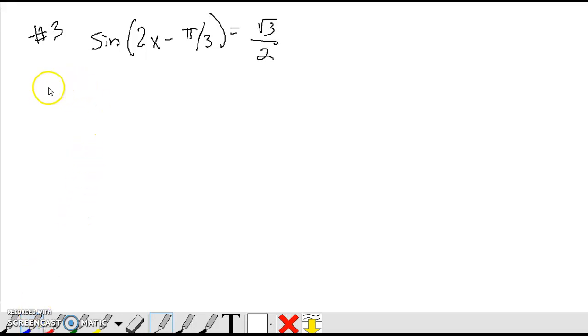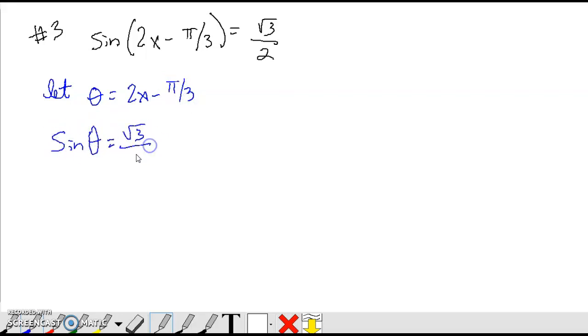All right, if we're coming back from an unpaused video, this is how I would have set this problem up. I'm going to let theta equal 2x minus pi over 3. So this becomes sine of theta is equal to root 3 over 2. I'm looking at quadrant 1 and quadrant 2. In quadrant number 1, I have pi over 3.